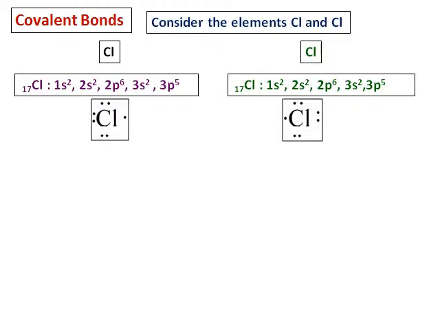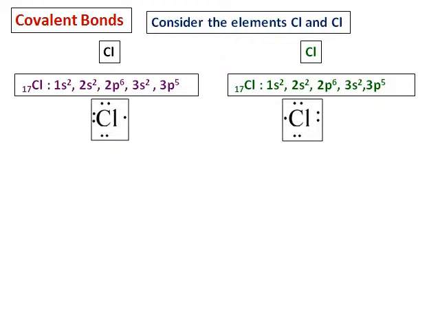Now, you know that for any element to be stable, it has to complete its octet, or it should have 8 electrons around it. So each one of these chlorines now has 7, and each one needs 1 more. In an ionic bond you saw that the electrons get completely lost and a charge is formed on the atom.